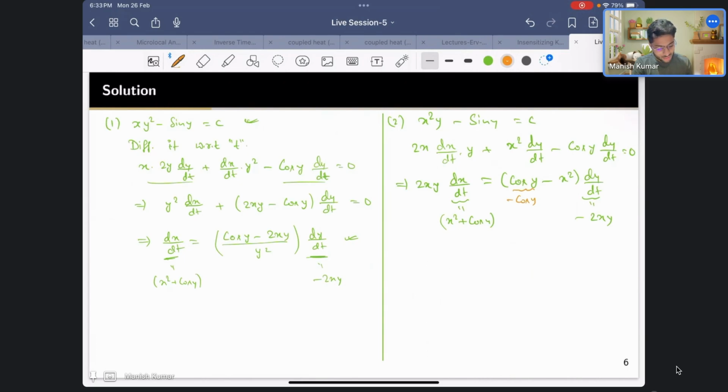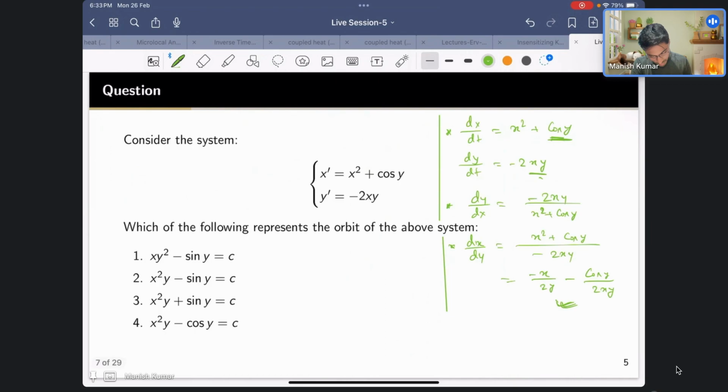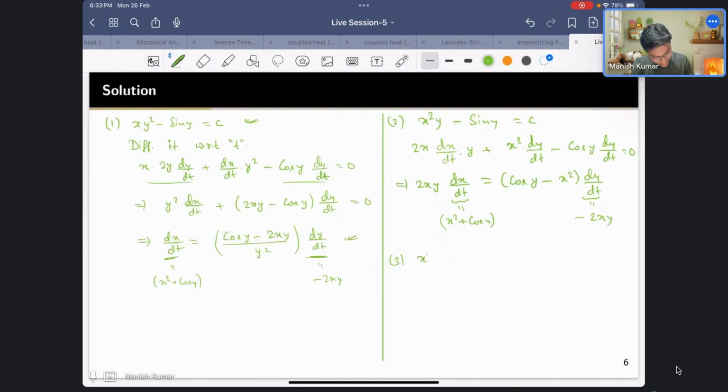So this is not the correct option, but if you see the third option, this is x square y plus sin y, and if you again do the same process, what you get is 2xy dx by dt is equal to minus of cos y minus of x square dy by dt, and which is true.